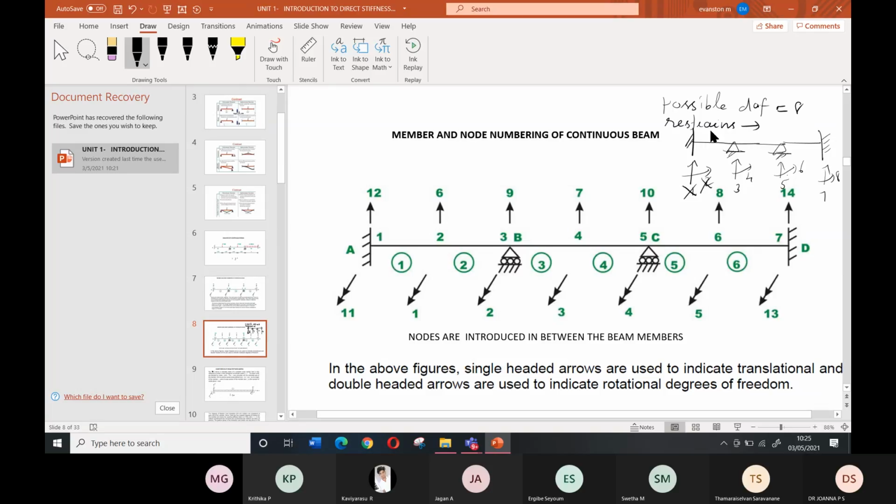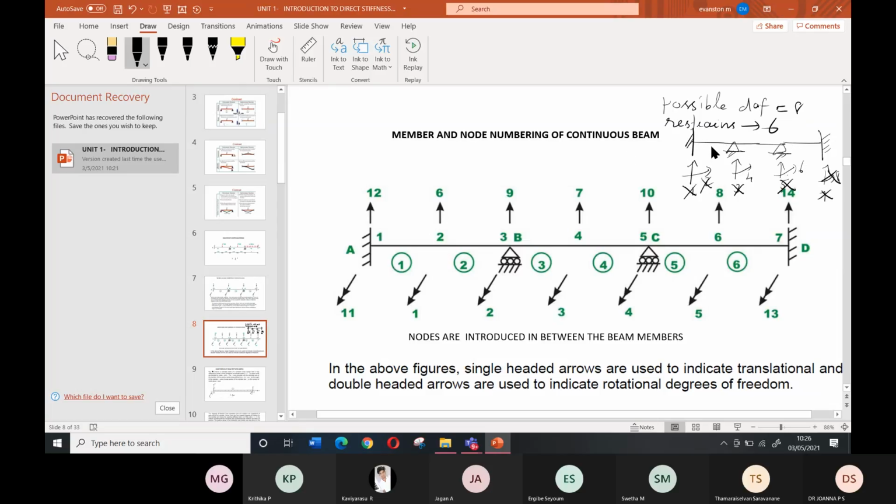So the number of restraints: here it is restrained, and vertically restrained, vertically restrained, here vertically restrained, it's a fixed support, it is restrained. So the restraints are 1, 2, 3, 4, 5, 6. So restraints are 6. Suppose I give the number of members in a continuous beam as 3, what is the possible degree of freedom?